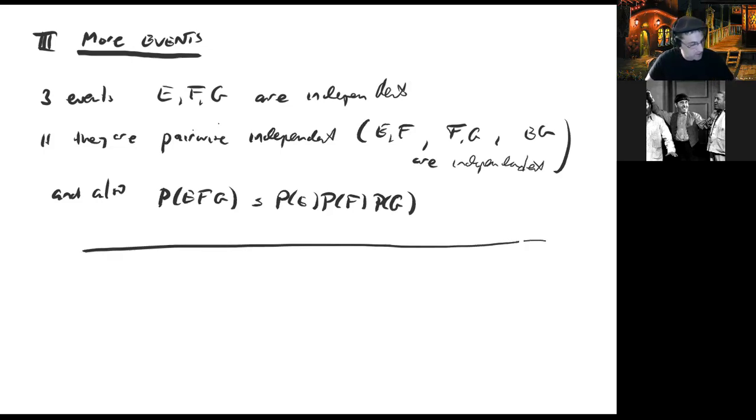What if we have R events, E1 through ER, and we want to define whether they're independent?